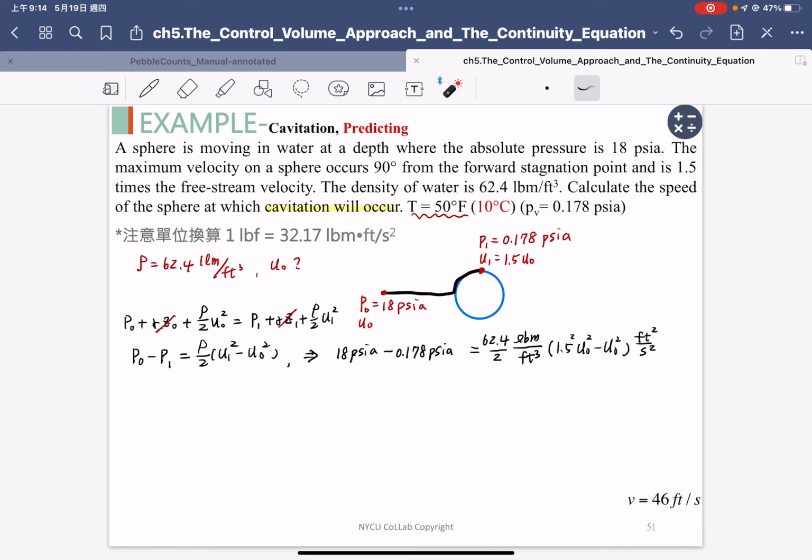Now we need to take care of the unit for psi.